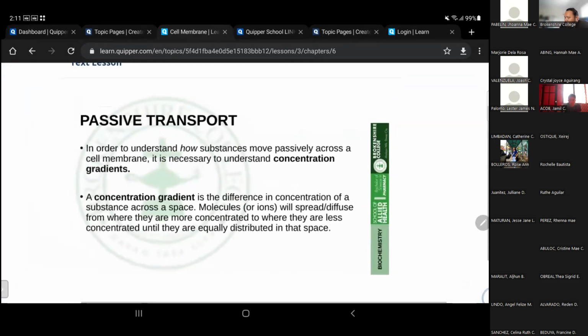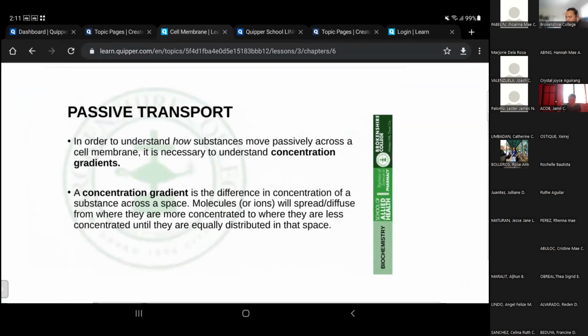Okay, talking about passive transport again, in order to understand how substances move passively across a cell membrane, it is necessary to understand concentration gradients. I mentioned the term concentration gradient earlier. A concentration gradient is the difference in concentration of a substance across a space.